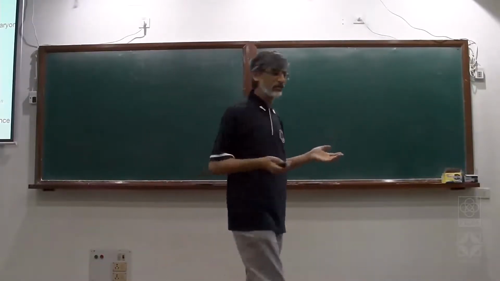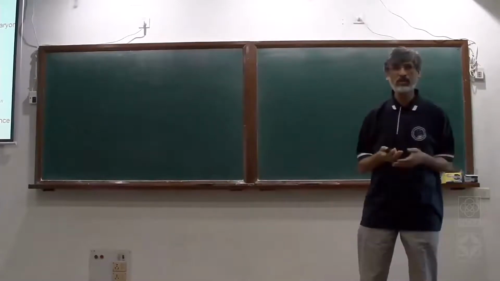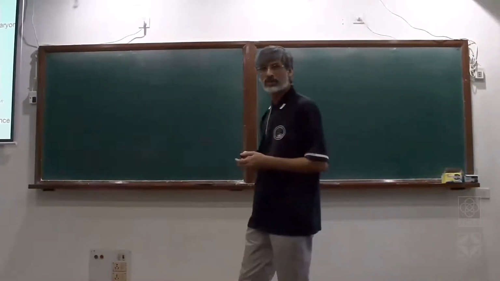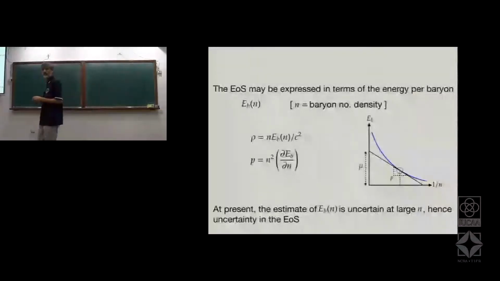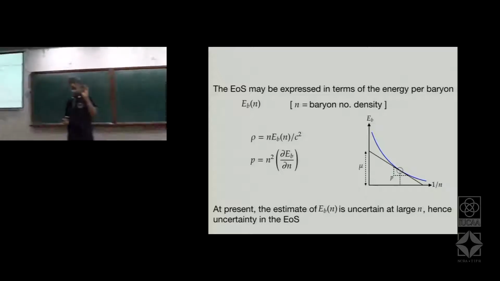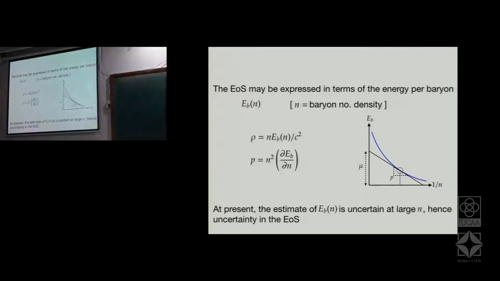You may have 938 MeV minus 1 MeV, so it may become 937. So it's still a very large positive quantity. So this is the total energy per baryon at a given density n.